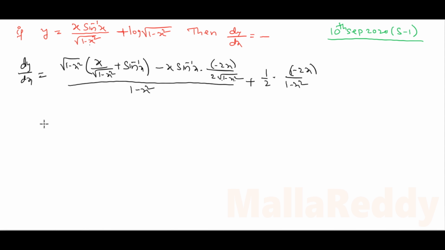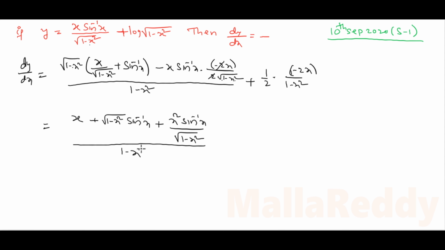So dy by dx is equal to, multiplying root 1 minus x square, here is 2 and 2 cancelled, root 1 minus x square into x by root 1 minus x square, that is x plus root 1 minus x square into sin inverse x minus x into x, that is plus x square sin inverse x by root over 1 minus x square, whole by 1 minus x square.